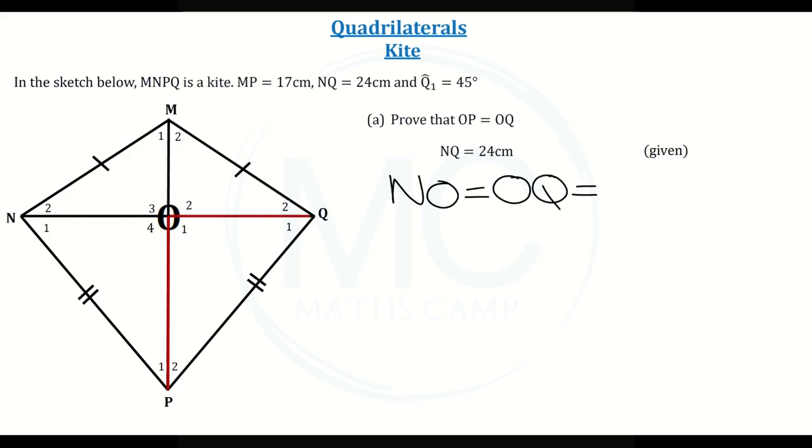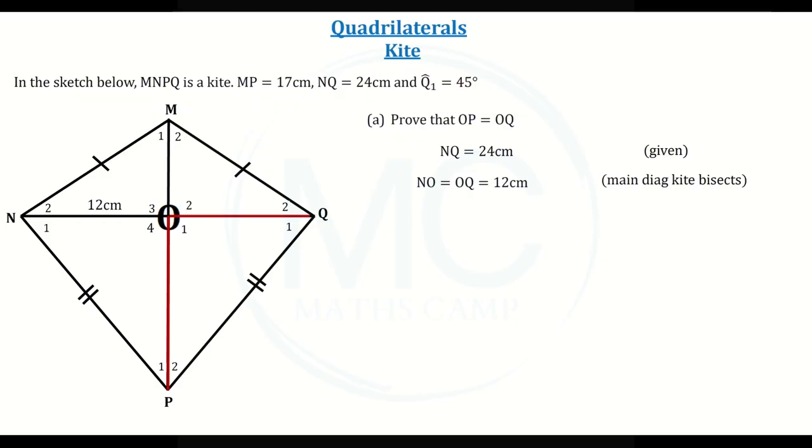So both of these must be equal to 12 centimeters. And as our reason, we say because the main diagonal of a kite bisects the other. Let's put 12 centimeters into our diagram for NO and for OQ.